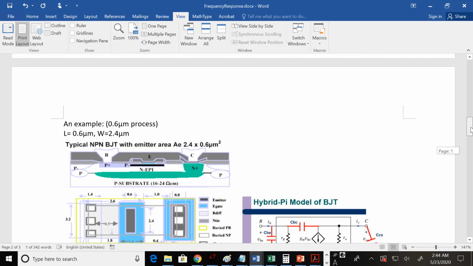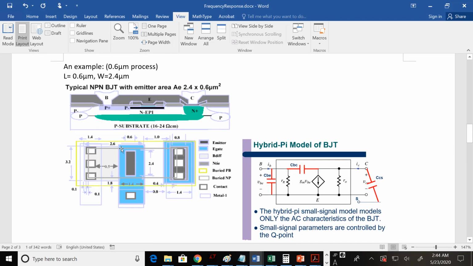now the base, and the area of the base is this square right here. I guess it should be actually 3.2 times whatever this width is, which is 1.4.